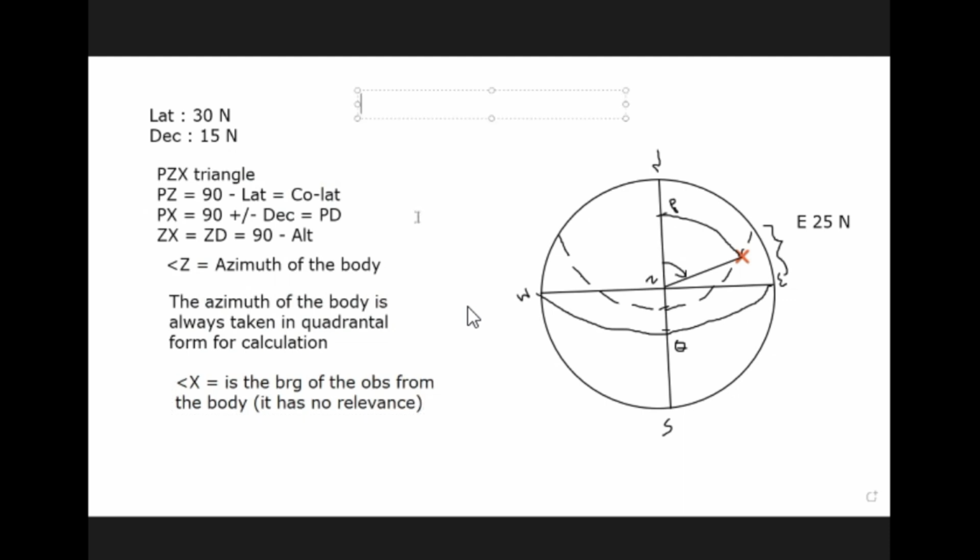Now, before I show you angle P, let me remove this. I've drawn it on the east. Let me draw on the west. I'll change the PZX triangle to the west to make it more relevant to angle P. And then we'll come back, if you want, we can draw on the east also. I am putting the body to the west of the observer.